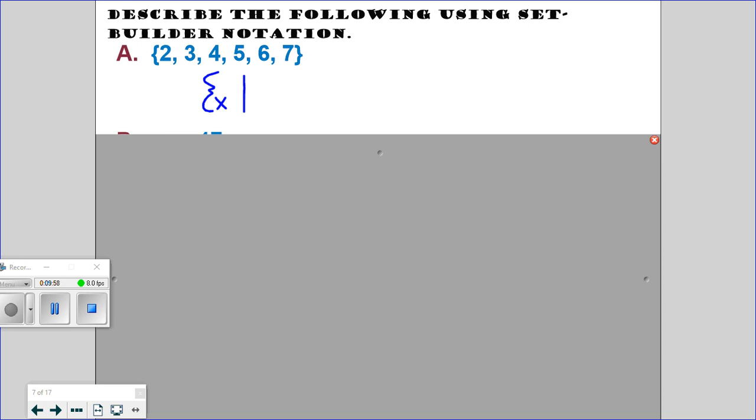In my compound inequality, I know the first number and I know the last number because it does not continue on. So we start with 2 and 7 as our first and last number, and we put an x in the middle. 2 and 7 because that's the first and last number in my set. We know that it's going to be getting bigger as it goes, so 2 is less than or equal to x is less than or equal to 7.